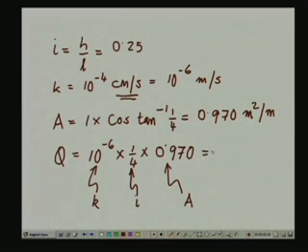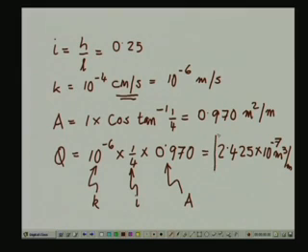Once we complete the calculations, we get approximately 2.425 multiplied by 10 to the power minus 7 meter cube of water flowing into the interceptor drain per unit length of the highway.